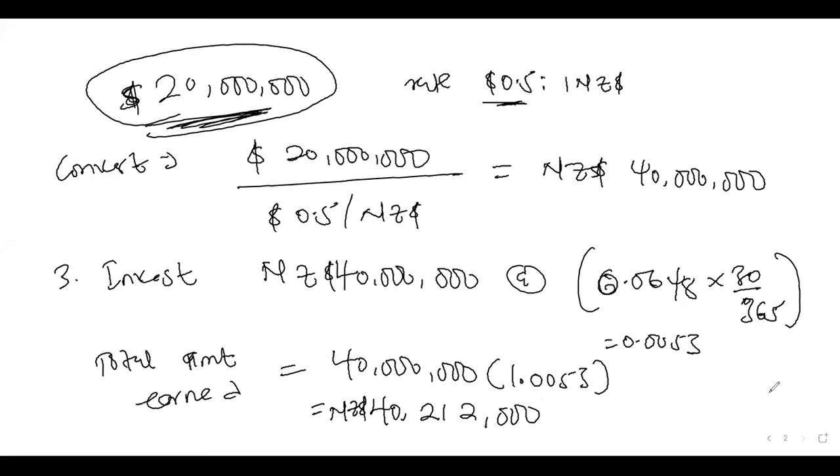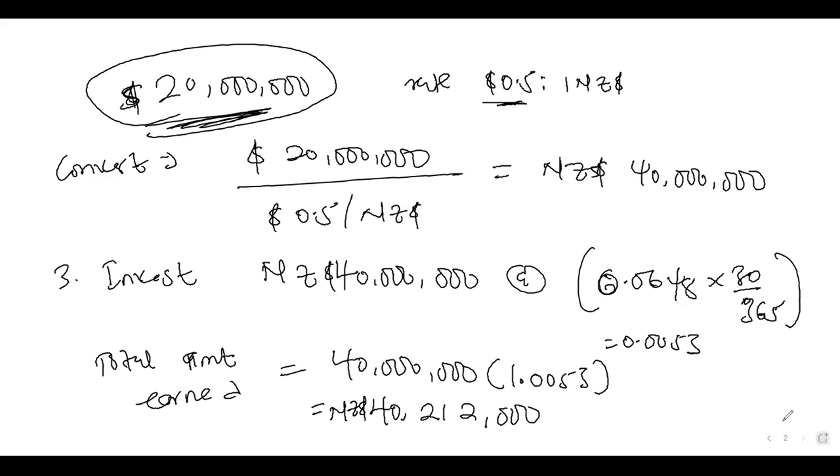Remember that. In 30 days, you have to bring back this money to US to pay back your loan. But you can't bring New Zealand dollars to US. You have to convert it to US dollars so that you can repay your loan, right?